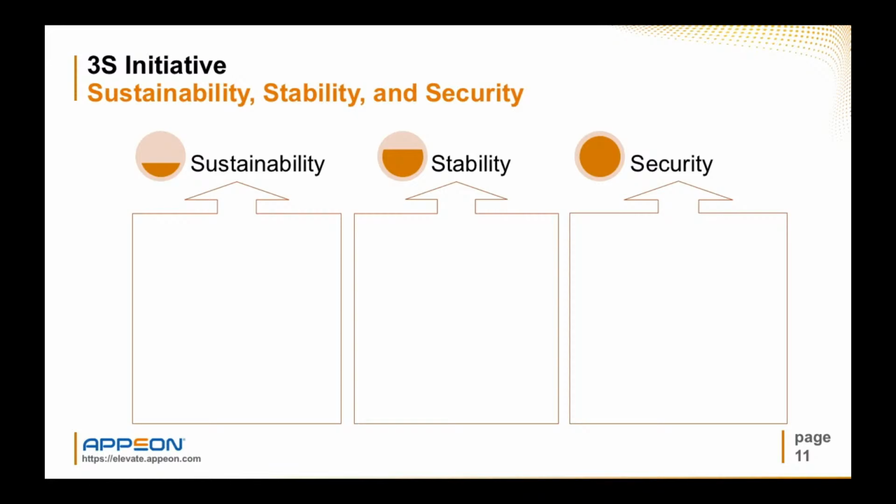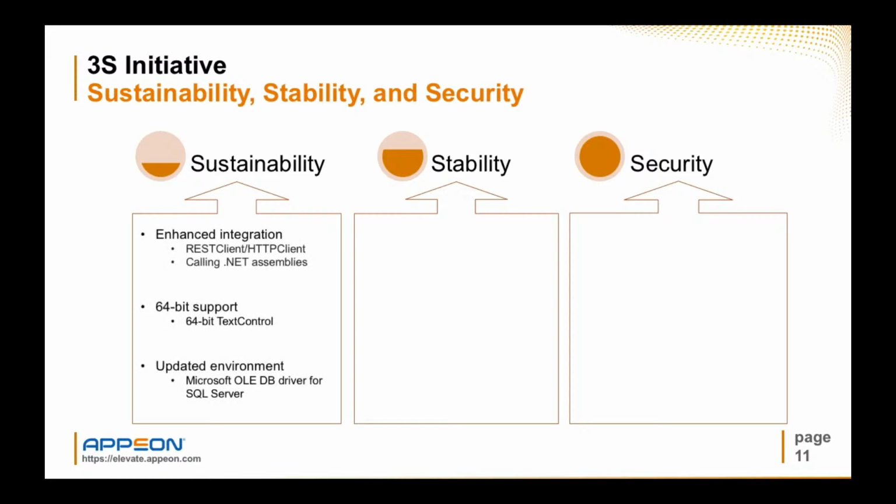On sustainability, in the past versions, we have enhanced the interoperability of PowerBuilder applications with external sources, such as REST APIs and .NET assemblies, enhanced the 64-bit support, and also continued updating the supported environments. 2019 R3 adds support for the new Microsoft OLE DB driver for SQL Server.